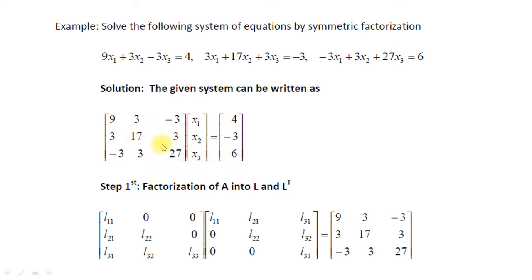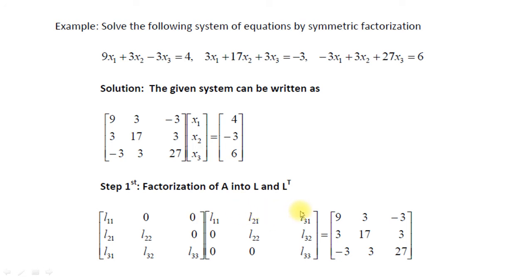Now factorize this matrix A into two matrices. One is the lower triangular matrix and the other is the transpose of the lower triangular matrix. So you see over here, dear students, this is the lower triangular matrix L11 0 0, L21 L22 0, L31 L32 and L33, and this is the transpose of this lower triangular matrix.